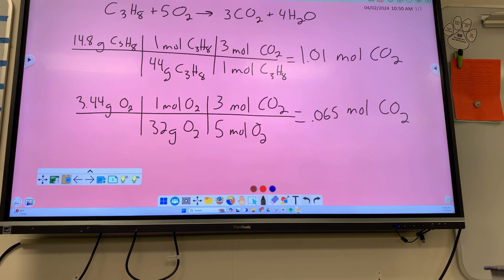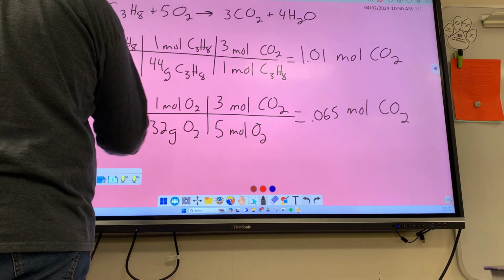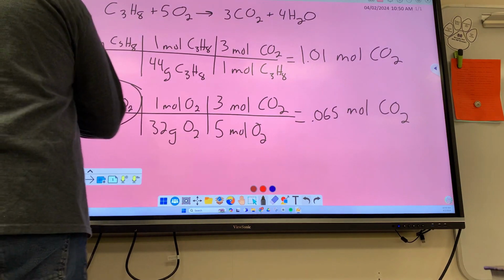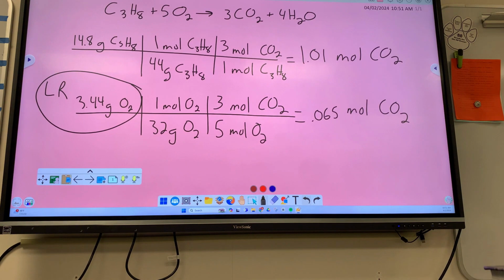And now, given our result, what does this mean? What did we learn? Oxygen, 3.44 grams of O2 is our limiting reactant. So that answers part A of this first problem.